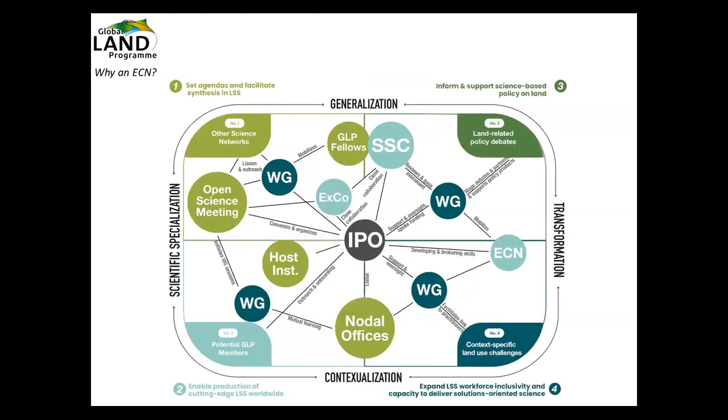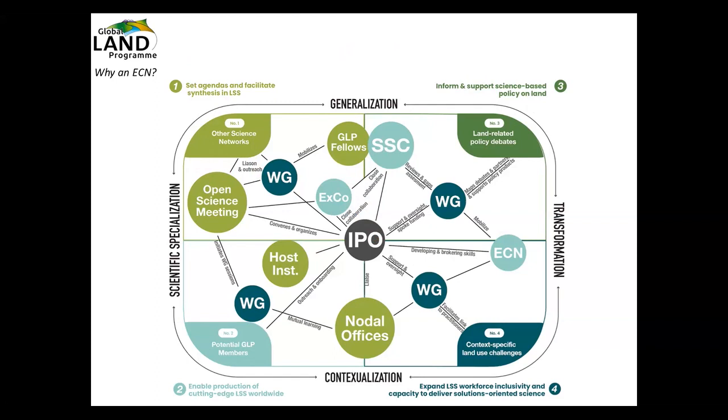And then also when we look at the GLP, we can see all these spider web of different bodies and entities that are essential for achieving our different objectives of setting agendas and facilitating synthesis in land system science, producing land system science, but also bringing that science into action to support practice and policy, and generating advances also in solutions based on the science that we built.